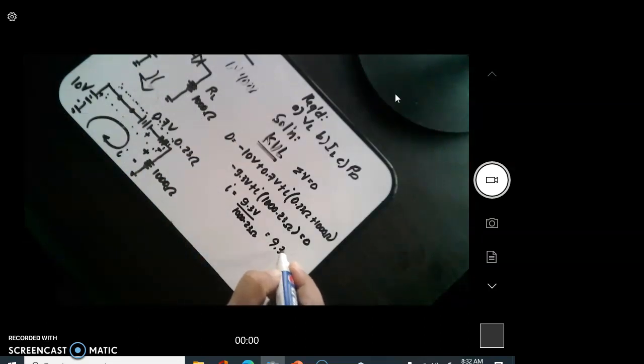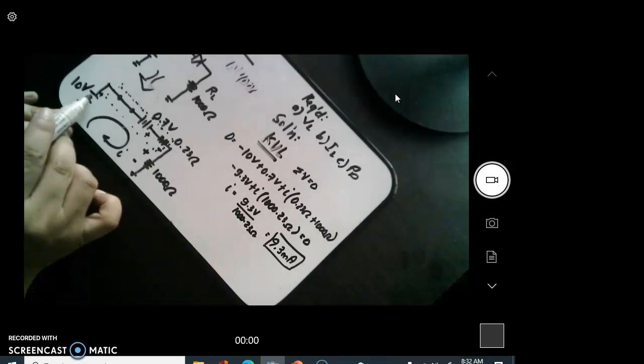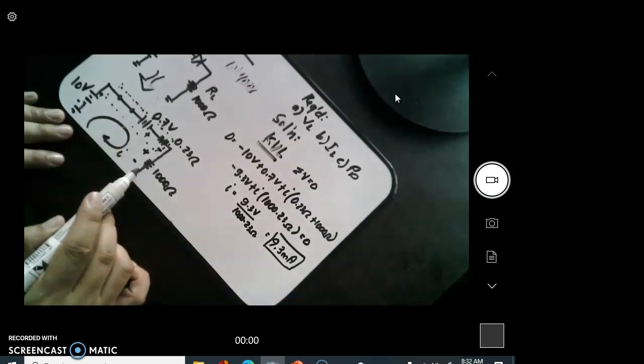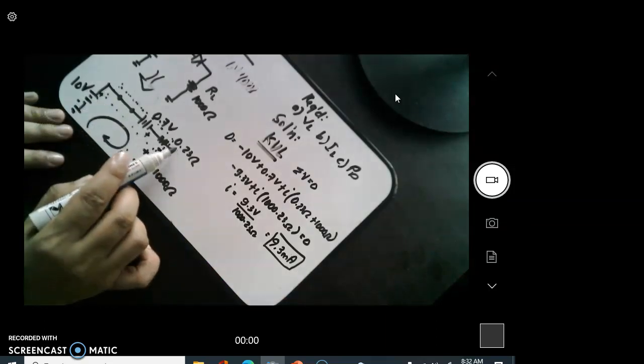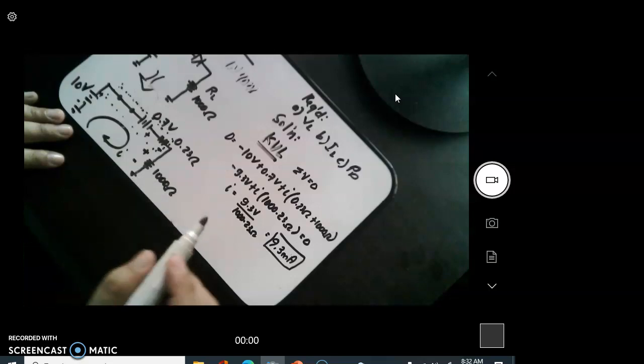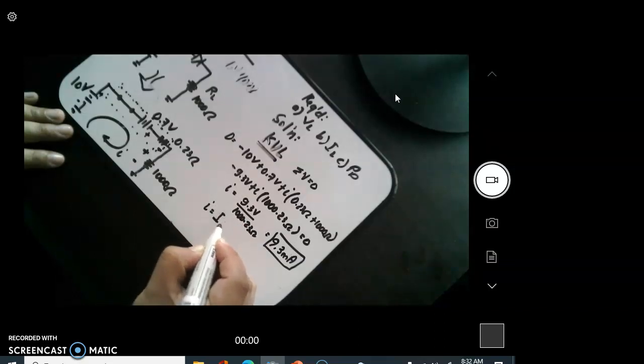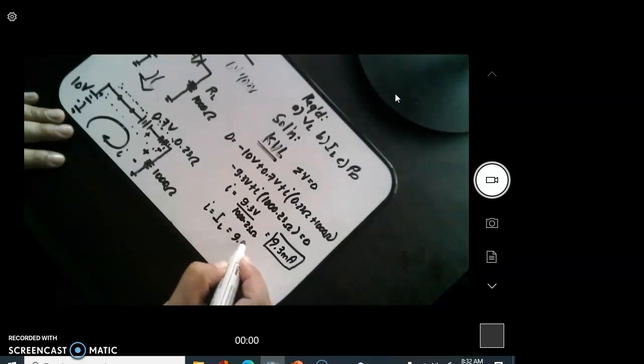Milliampere simply means times 10 raised to negative 3. Since this is a series connection, the current that passes through the bulk resistance is the same current that passes through your load resistance. Therefore, the current I of the circuit is also your load current, which is 9.3 milliampere.